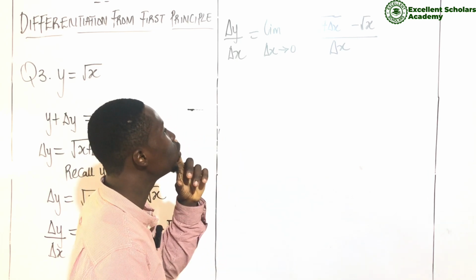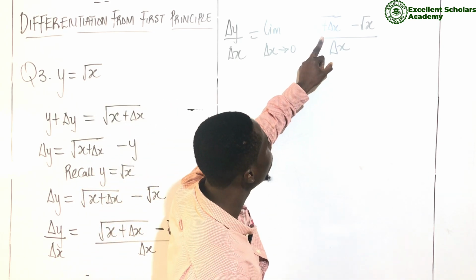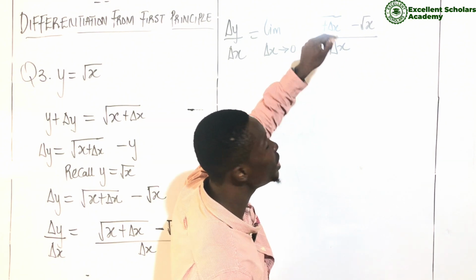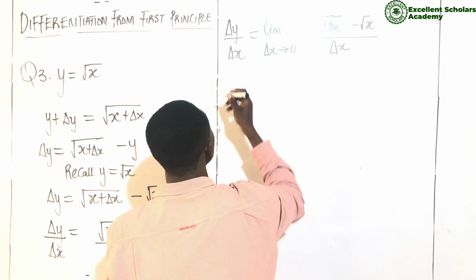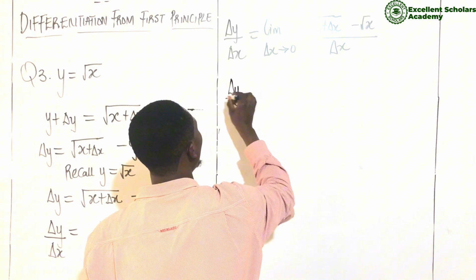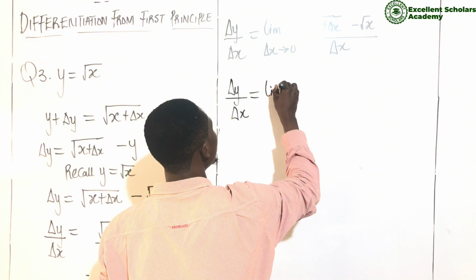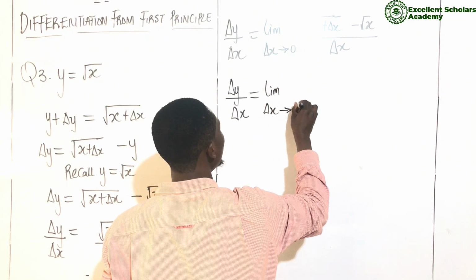So you don't want that. So what are we going to do? We're going to multiply up and down, that's the numerator and the denominator, by the conjugate of the numerator. So it becomes small increment in y over small increment in x equals the limit as change in x tends to 0.